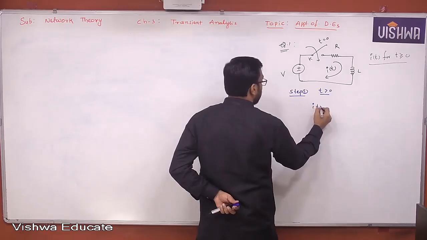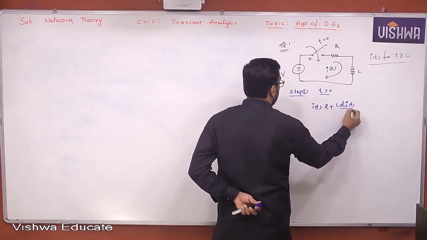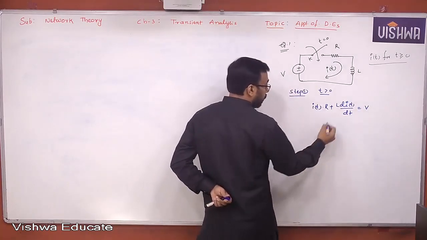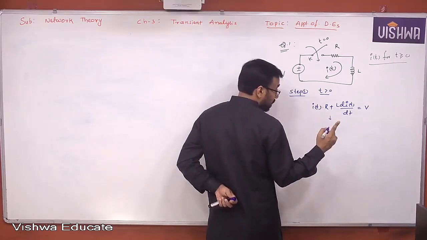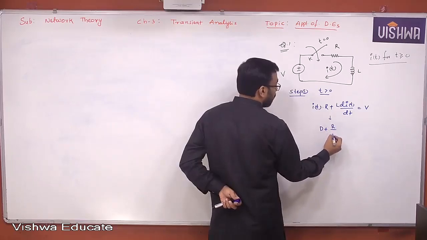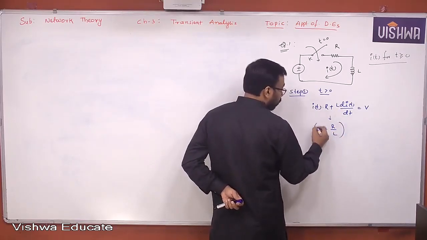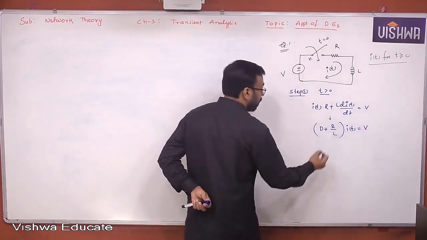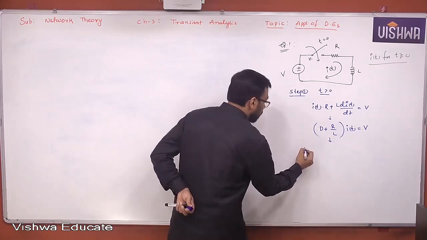So I of t into R plus L dI of t by dt is equal to V. Can I take d by dt as capital D? Yes or no, all of you? So D plus R by L, the L can be taken to this side, into I of t equals V by L. From this, you can find the complementary function, but we are calling it the transient response.